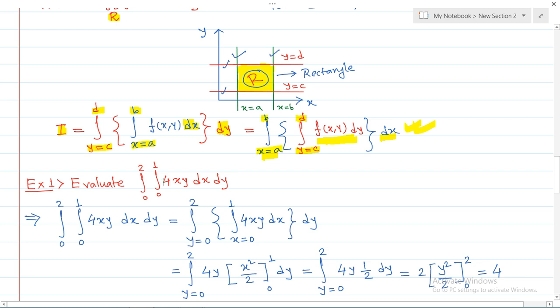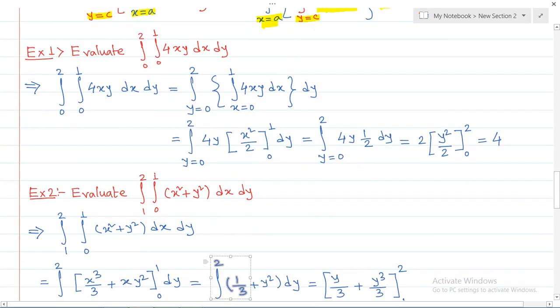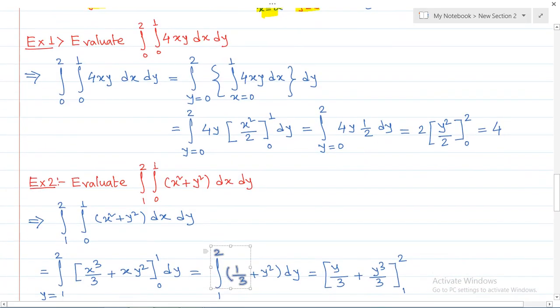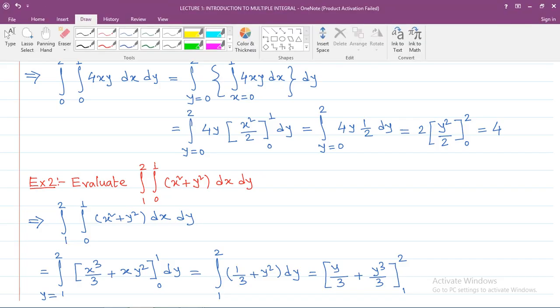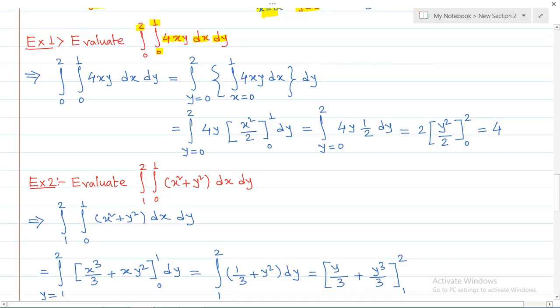Now let us come to solving some problems and try to understand this concept using them. Suppose in your exam one problem is given in this manner: 0 to 2, 0 to 1, 4xy dx dy. It is not mentioned in this case which variable has the limit 0 to 2 and which has the limit 0 to 1.